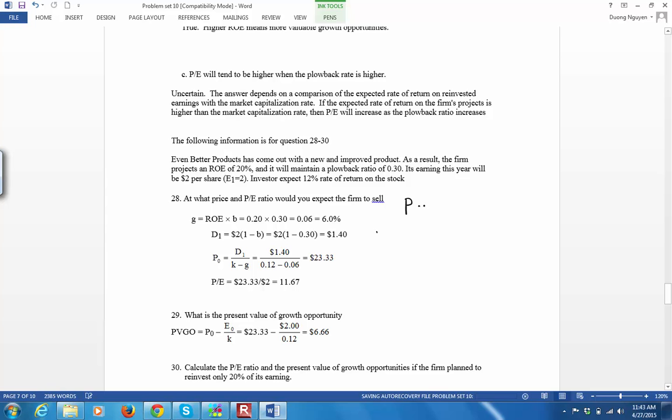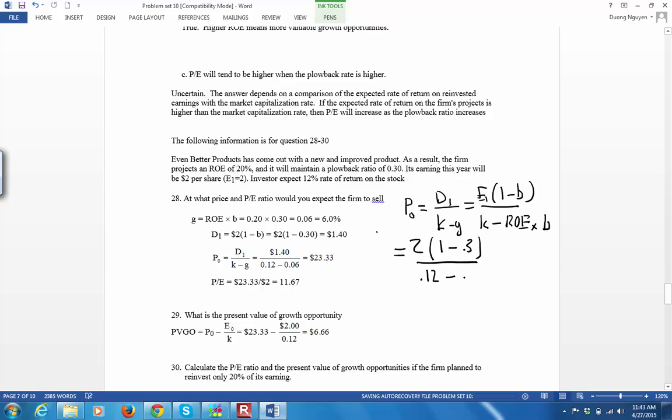The price is equal to D1 over K minus G. D1 is equal to E1 times 1 minus B. G is ROE times B. So E1 is 2 times 1 minus B, which is 0.3, over K, which is 0.12, minus ROE, which is 0.2, times B, which is 0.3. Alright, and this is equal to 23.33.